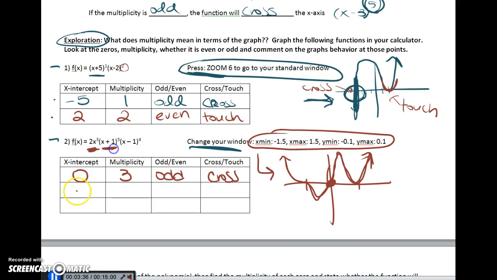The next one is going to be -1. That has a multiplicity of 5, which is also odd, which is also crossing. And the last one would be +1. That has a multiplicity of 4. Since it's even, that would mean that it is touching, and notice that it is because it just comes down and bounces off the x-axis.